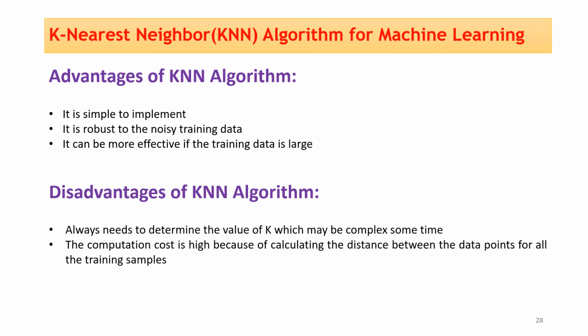First, we always need to determine the value of k, which may be complex sometimes. Second, the computation cost is high because of calculating the distance between the data points for all the training samples. So these are the various advantages and disadvantages of the KNN algorithm.